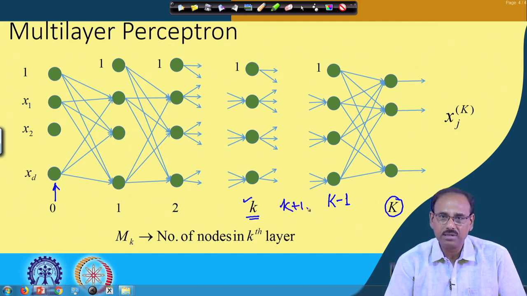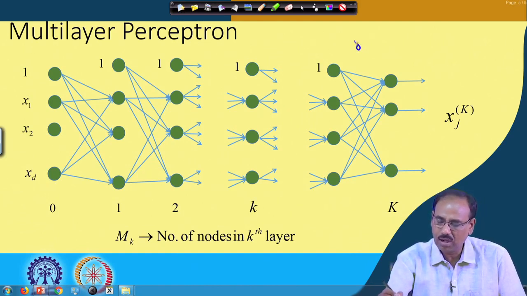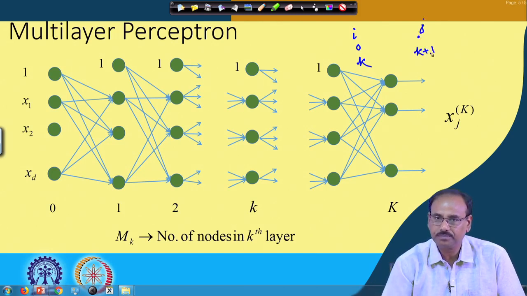And this connection is complete in the sense that every node in the kth layer is connected to every node in the k plus first layer. If I take an ith node in the kth layer, it is connected to the jth node in the k plus first layer through, let me put it like this, a neuron i in the kth layer and a neuron j in the k plus first layer, which is the next layer.